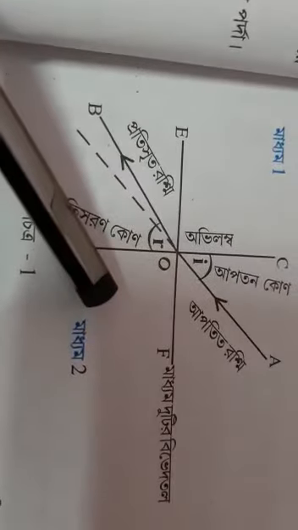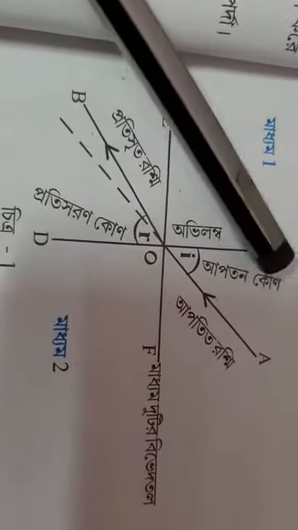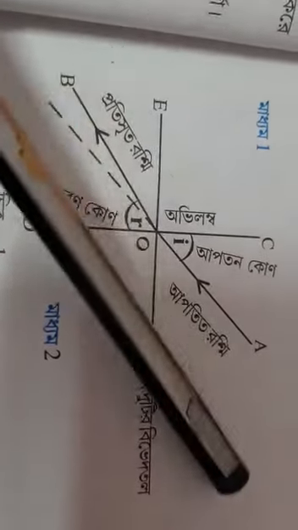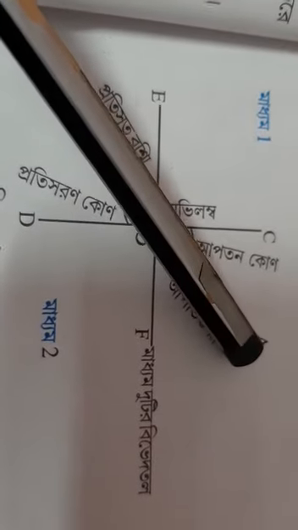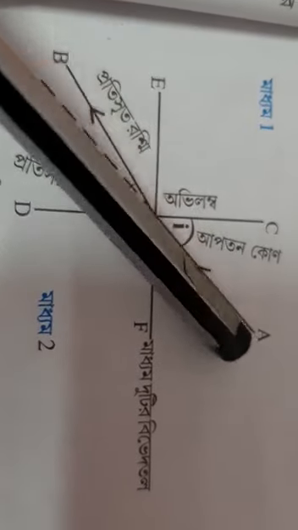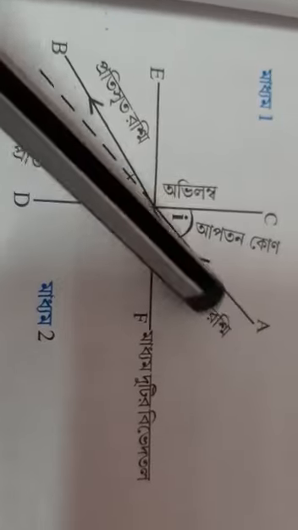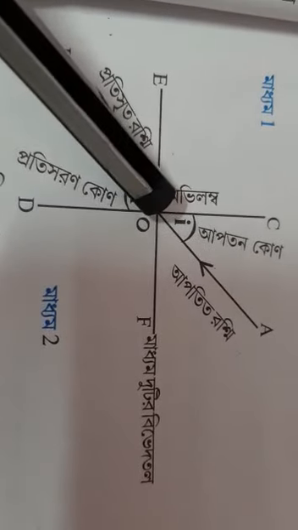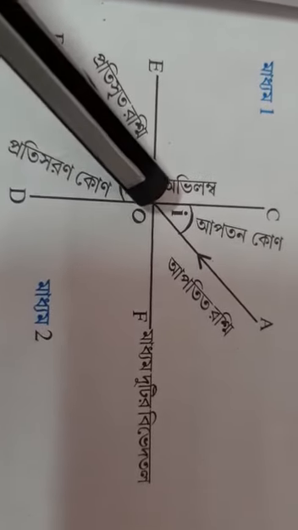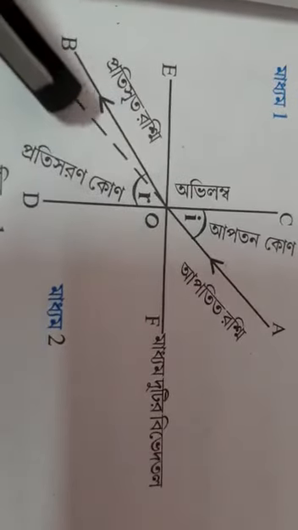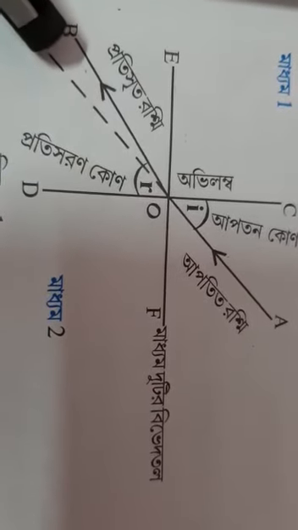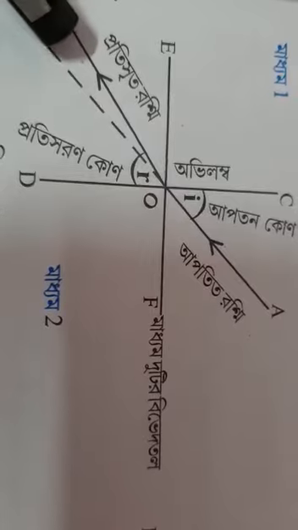Suppose this is glass, and this is the light that fell on this point of incidence, and this is the light that gets refracted to this point.